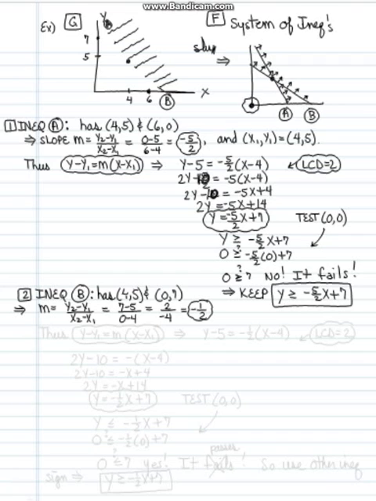And we're going to use that in the equation. y minus y sub 1 equals m times x minus x sub 1. So that implies that y minus 5 equals the slope negative 1/2 times x minus 4. Now the LCD for this equation is 2. So we're going to multiply both sides of the equation by 2.